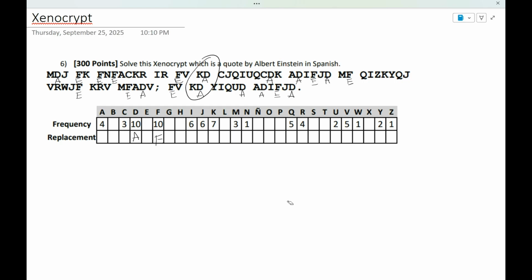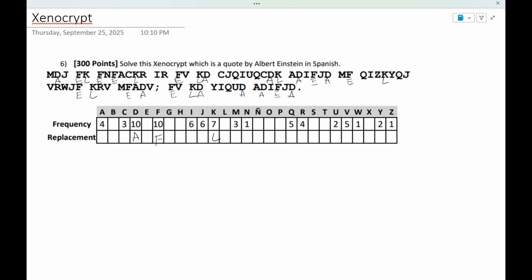So let's try K is going to be an L. And so if we go ahead and fill it in, we're going to get L here, which makes sense. We're going to get "la", and then another L there, an L here, and an L here, and that's about it.